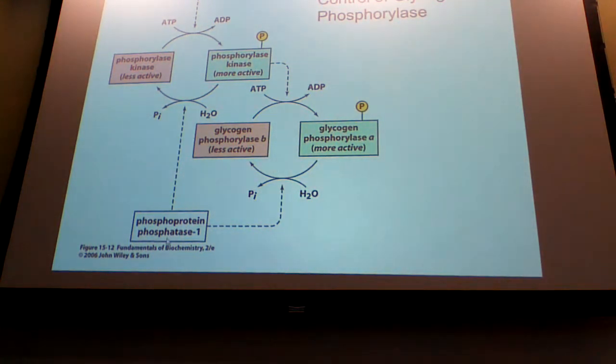And then we have this phosphoprotein phosphatase 1, which can go and remove some of these phosphate groups. So if we remove the phosphate group from the phosphorylase, and from the phosphorylase kinase, that's going to move it into the less active form. Okay. So we need to take a closer look then at how this is regulated, the phosphoprotein phosphatase 1.